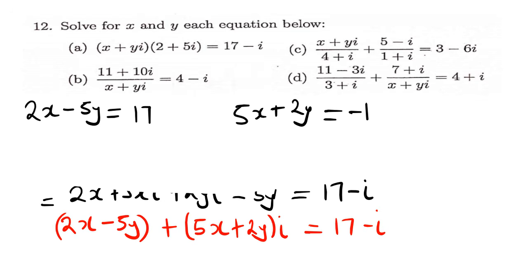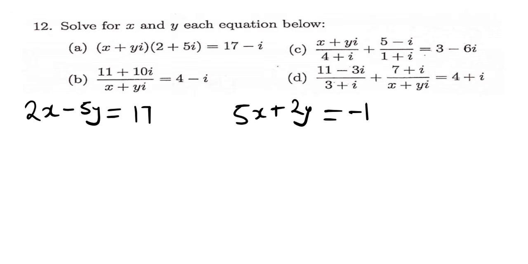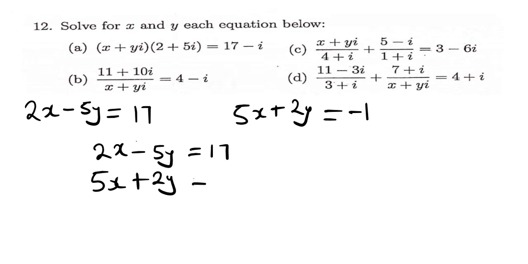Let's just solve them simultaneously. So I've got 2x minus 5y is equal to 17. I've got 5x plus 2y is equal to negative 1.